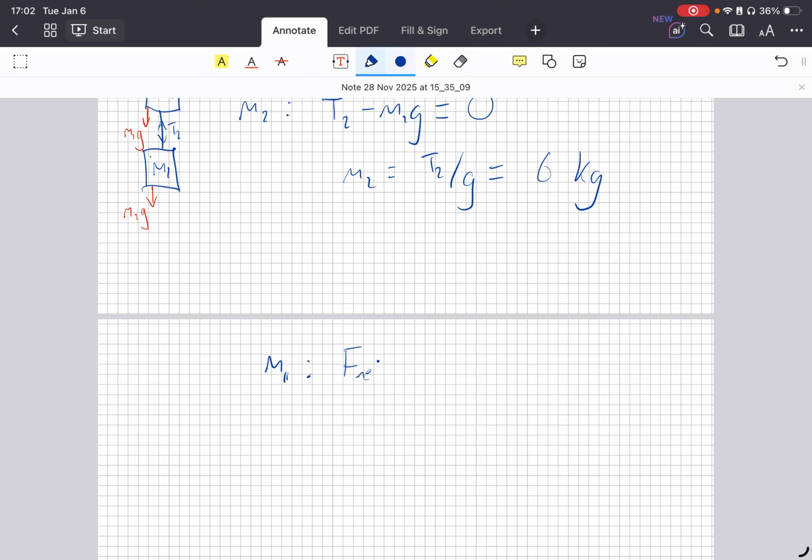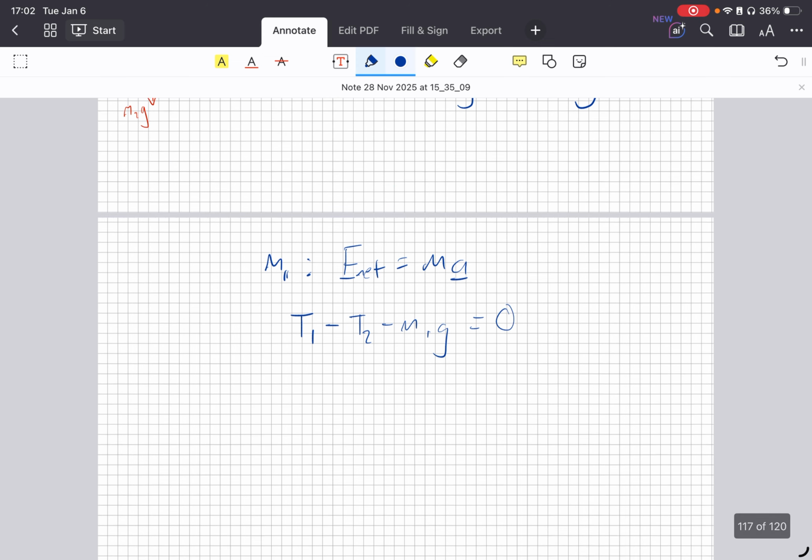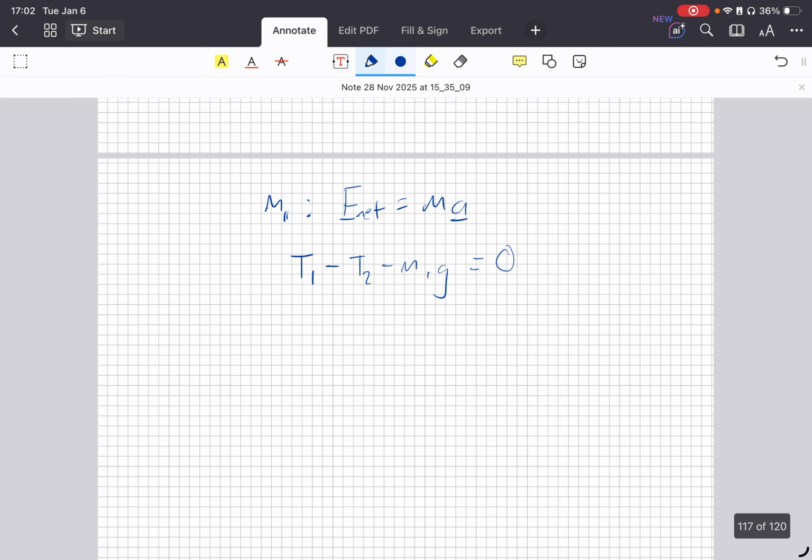F net is equal to the mass times acceleration. This net force is T1 acting in the upward direction, and in the downward direction we have T2 and M1g. Once again, this whole thing's at rest, so the right-hand side of the equation is zero.